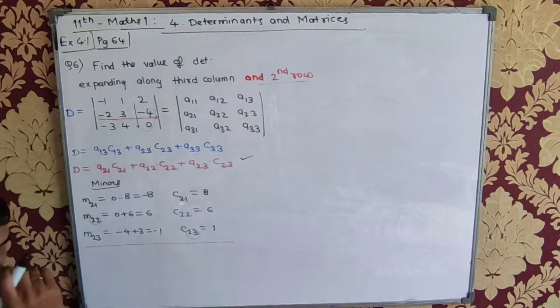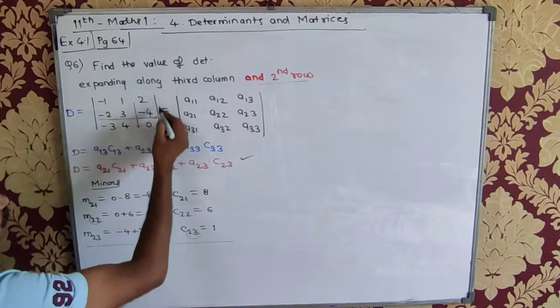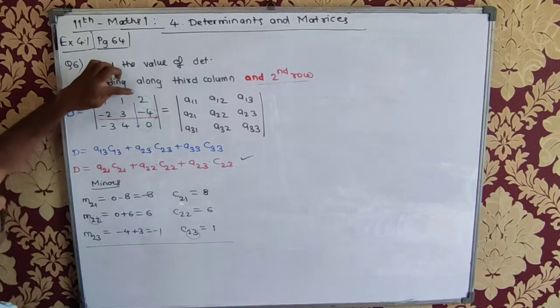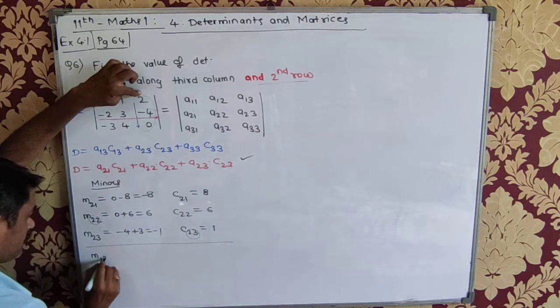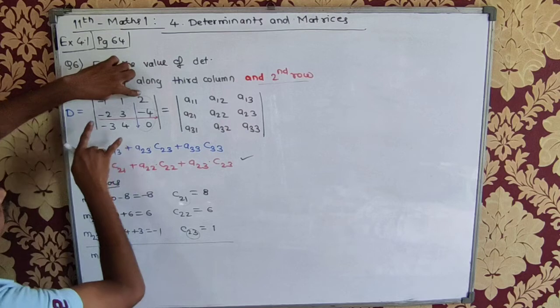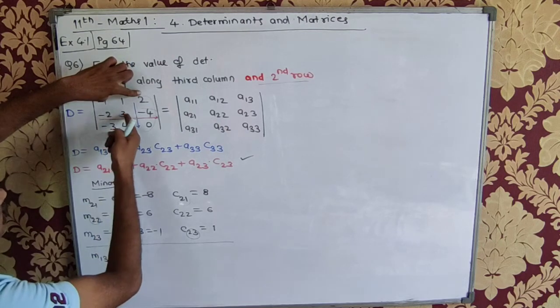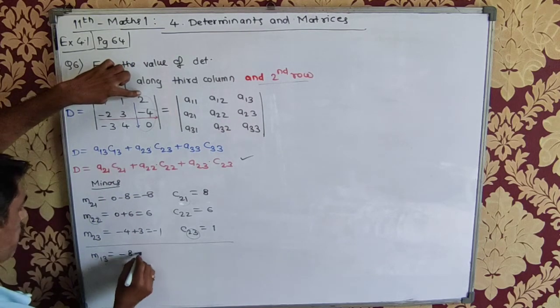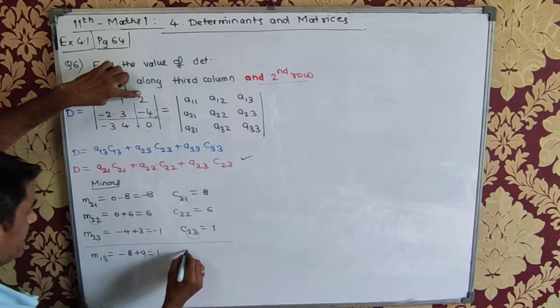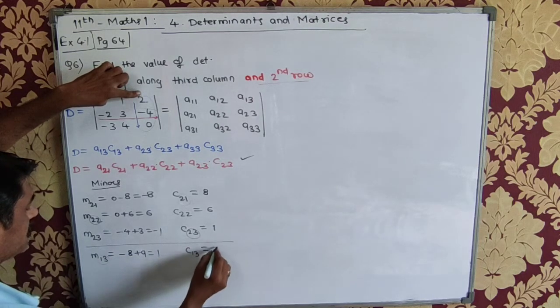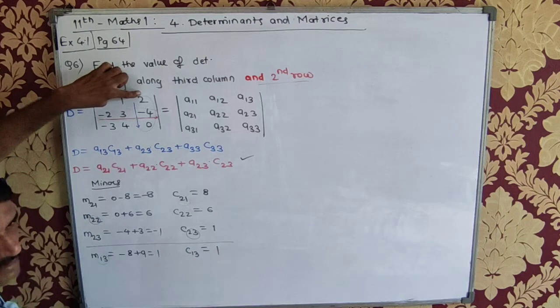Done. Okay. Now I want it for this column. M13 is minus 8 plus 6, that is equal to minus 2. Even number, so C13 is minus 2.